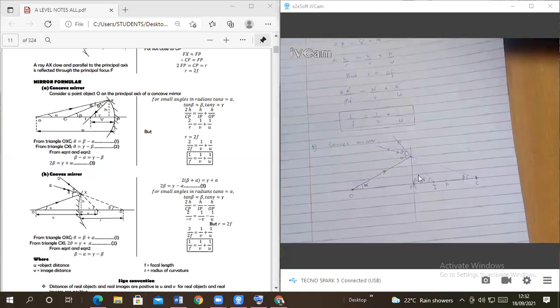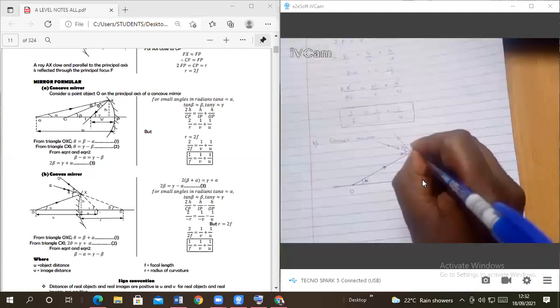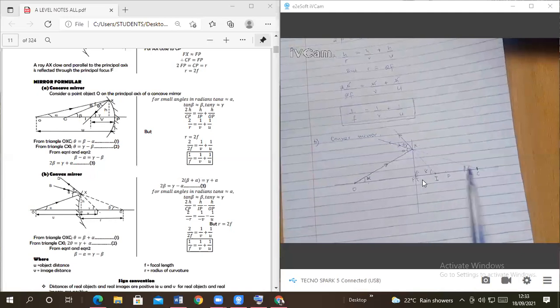All right, so now we are going to start deriving. We shall call this point X, and we are going to use different triangles. First we use the triangle that has this ray, which is here.